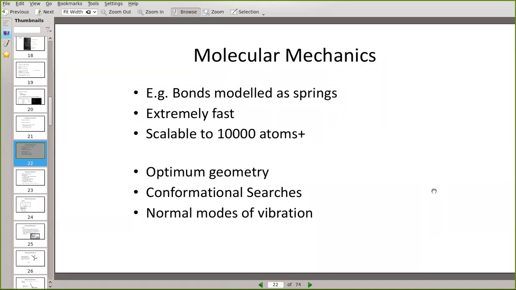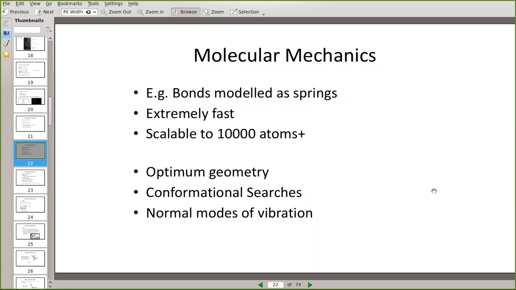So the calculations we did yesterday, the XTB you can do on a lot of atoms, but you can't do on 10,000 atoms. And certainly the Gaussian calculation was a B3LYP. It was a density functional, hybrid density functional calculation. You certainly couldn't do that with a system that contained thousands and thousands of atoms. For molecular mechanics, you can.